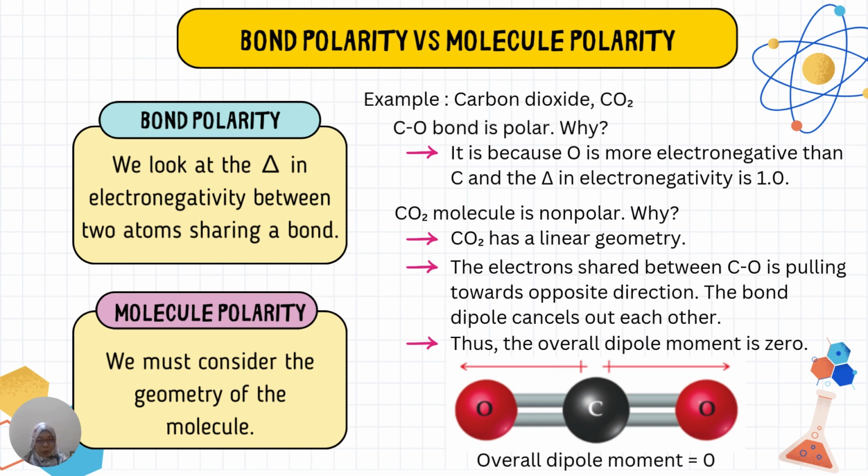So the electrons shared between the carbon and oxygen are pulling in opposite directions. One is pulling towards the right side, the other towards the left side, and so the bond dipoles cancel out each other. Therefore, the overall dipole moment is 0. There is no separation of charge, and because of that, the carbon dioxide molecule is non-polar.